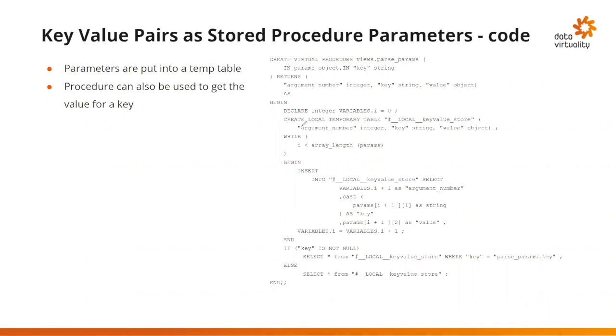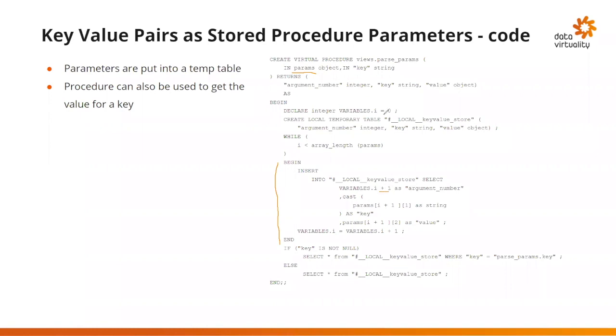Now that we've created this local temporary table, we are looping through the parameters length. We're using the array length function on this params object. This is the part of the loop. We are inserting the first key and then the first value. We are increasing the variable here.